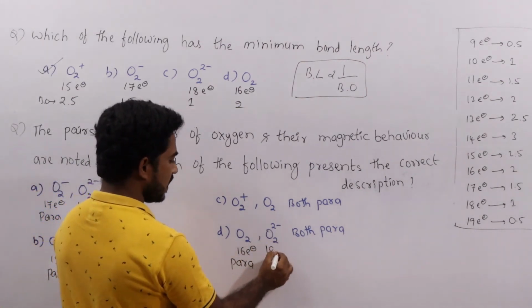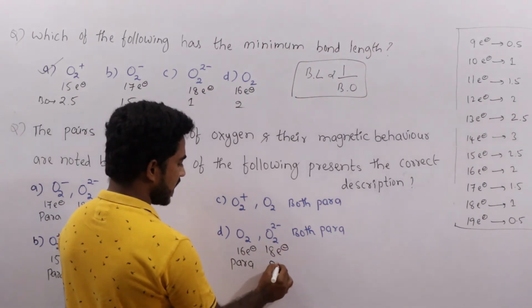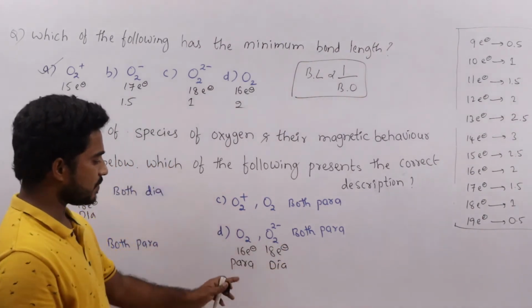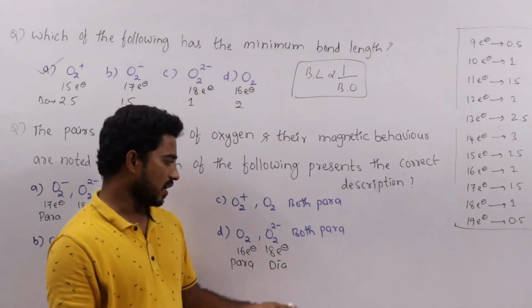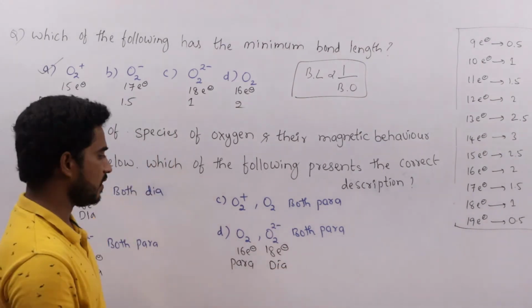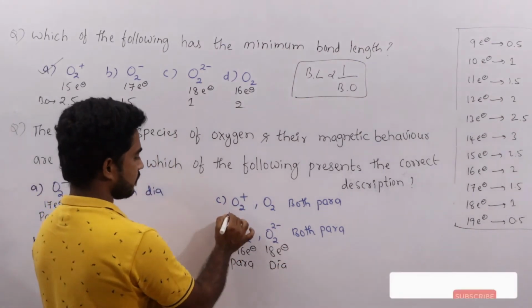O2 2 minus has 18 electrons, even, so it is diamagnetic. In this one, one is paramagnetic and one is diamagnetic, so the given option is wrong. Let us see the next one, O2 plus.